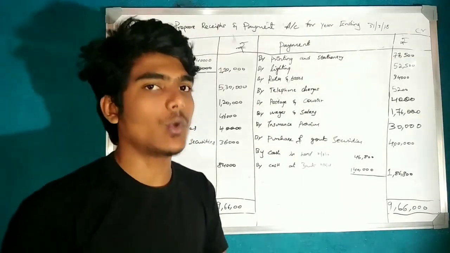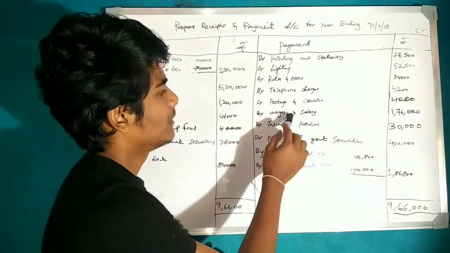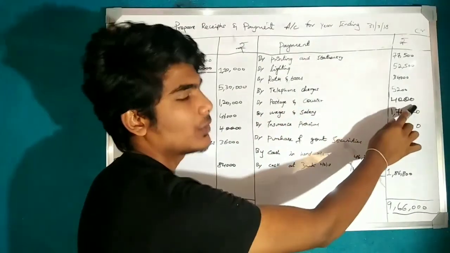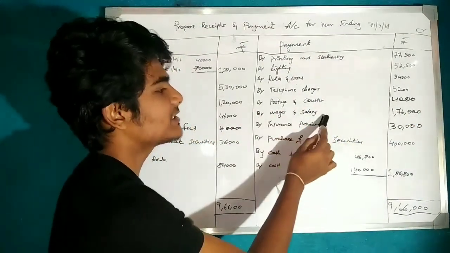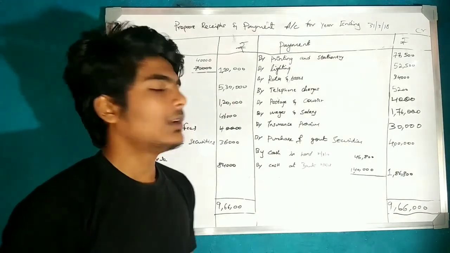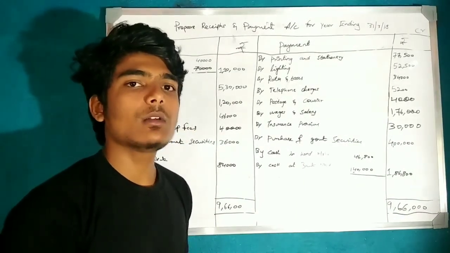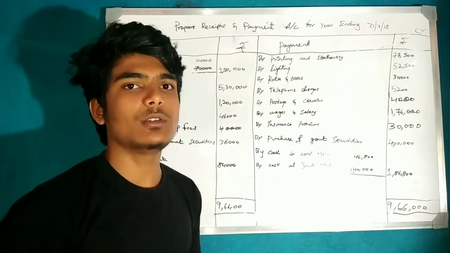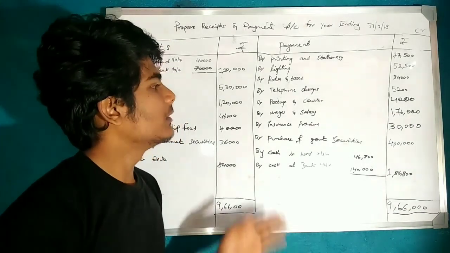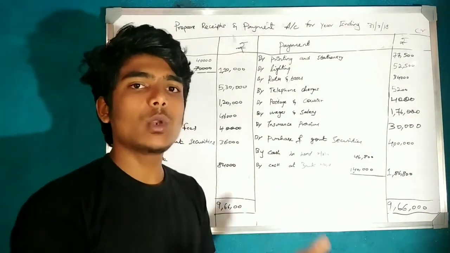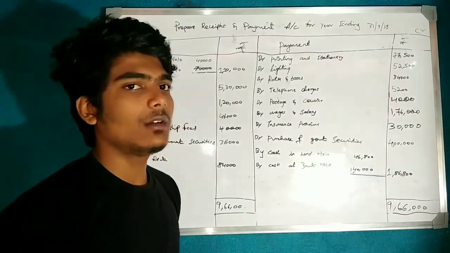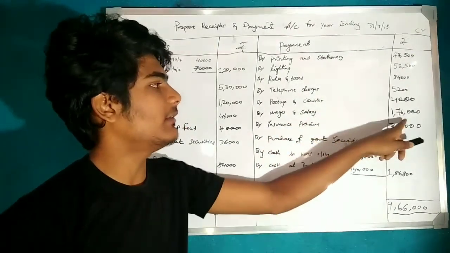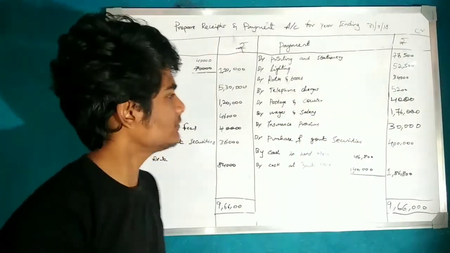It's a cash outflow. Postage and courier is rupees 4,000. By wages and salary. In an organization, the workers will be working in order to meet their daily needs, right? So for them, we have to give the salary monthly, is rupees 1,76,000.